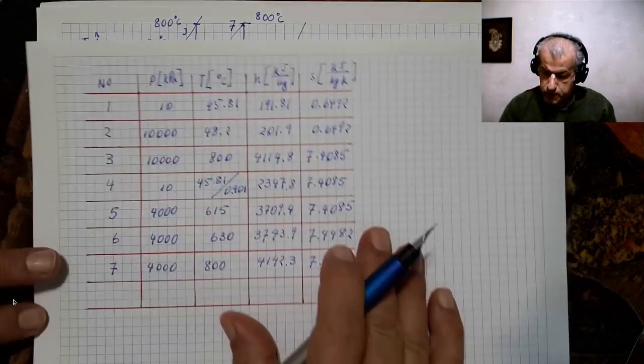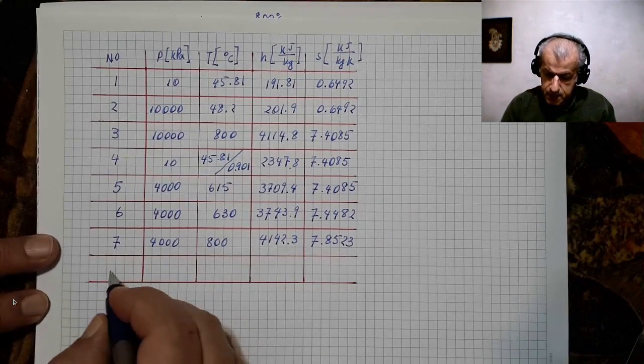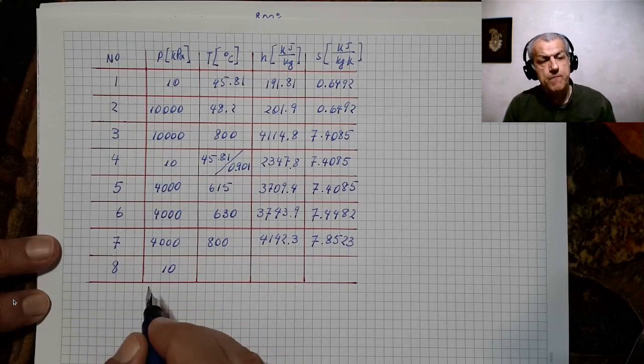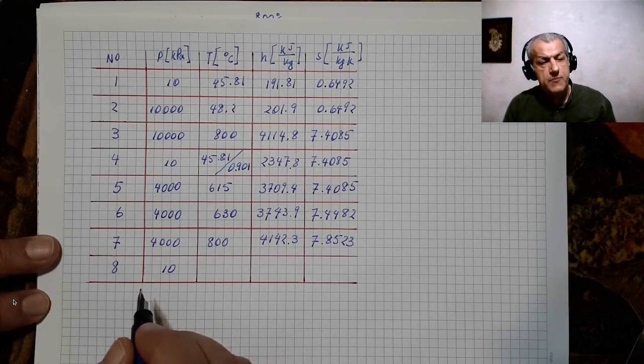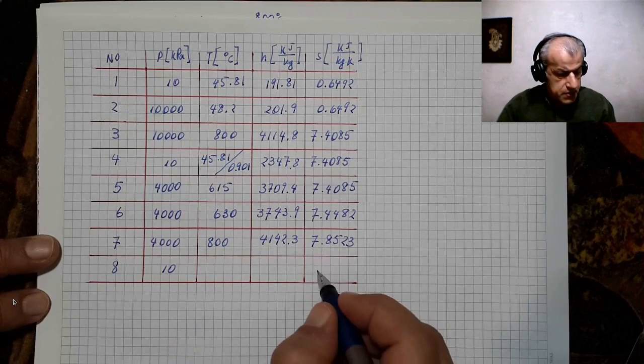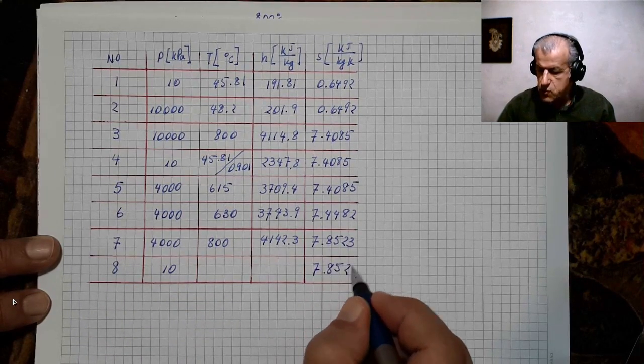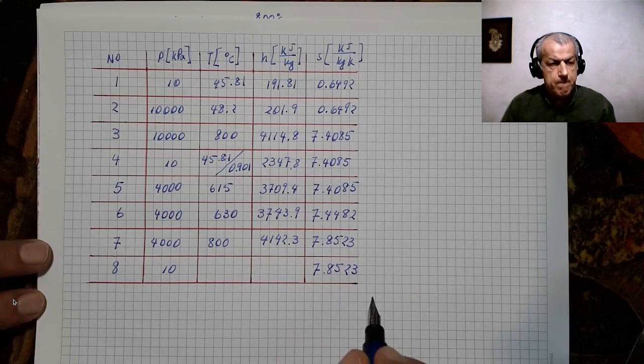So for point 8, the pressure is 10 kilopascal, and the entropy is 7.8523.